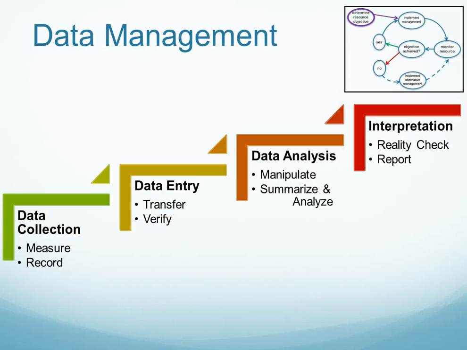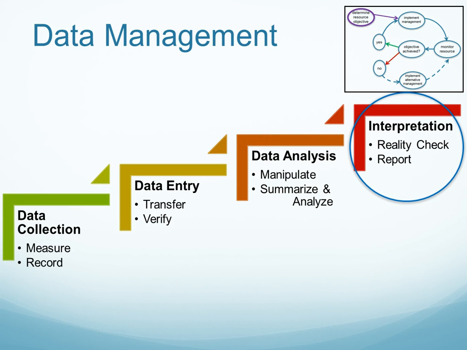Now, data management involves many stages and many steps in the entire process where we're working with data. So starting with data collection, moving to data entry or transferring that data into electronic formats. Then in the data analysis step, we often manipulate or convert our data and then summarize it.